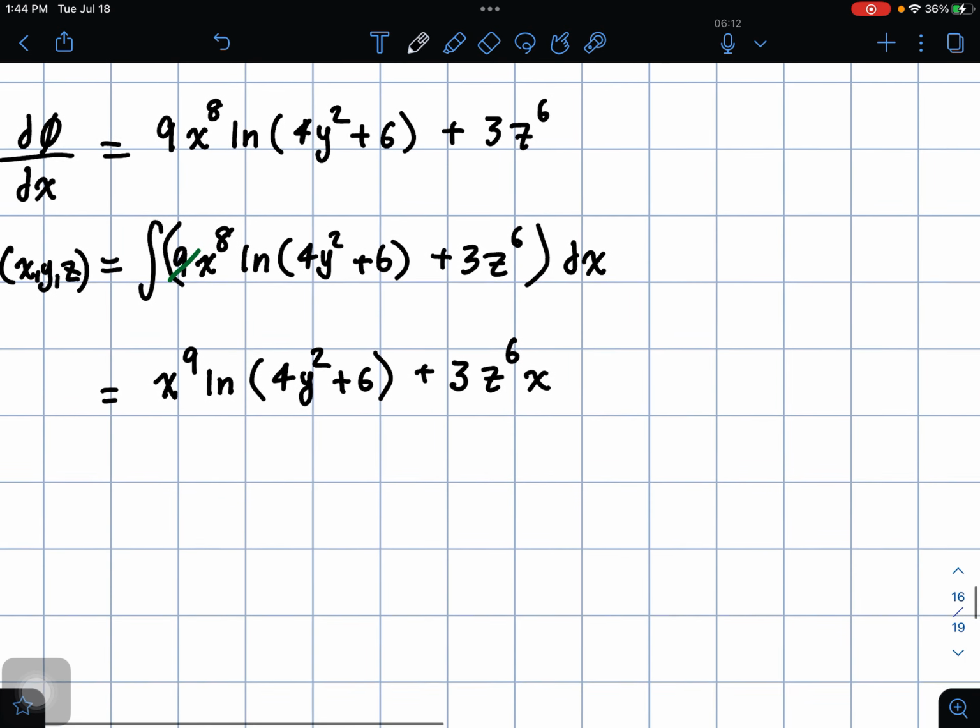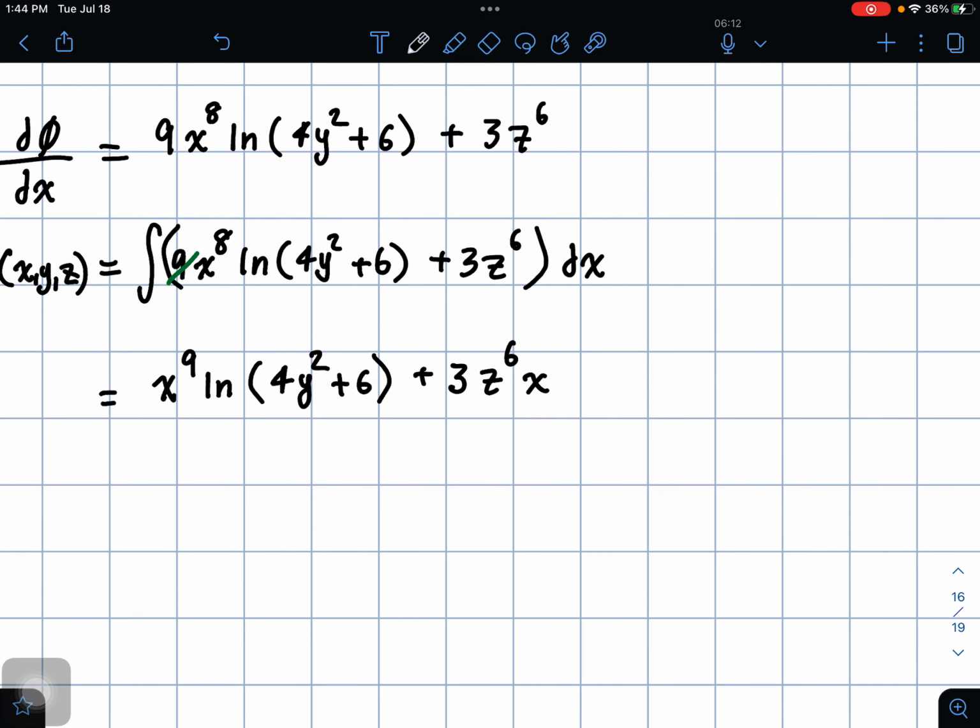Okay, and then also another very important thing is our constant. Whenever we take integration, especially if it's a definite integral, we have this constant c. But because we integrated with respect to x, we can assume, because we have to test all the possible solutions, that the constant is a function of y and z.